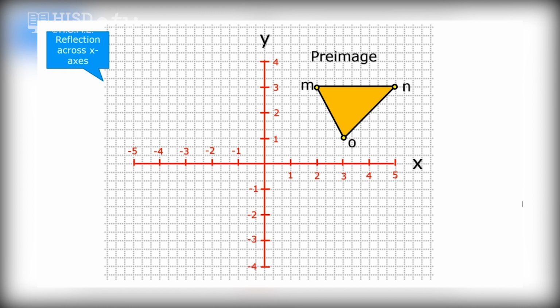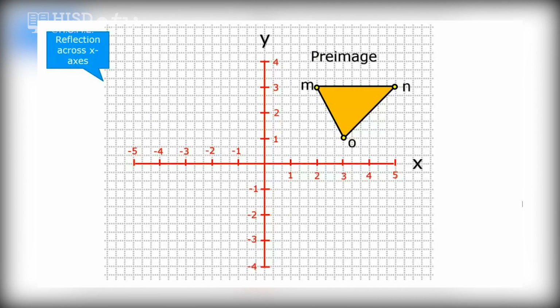And now we're going to try our reflection on a triangle. The triangle is MNO. And we're going to do a reflection on the x-axis. So that means that the x-axis is going to be our line of reflection.